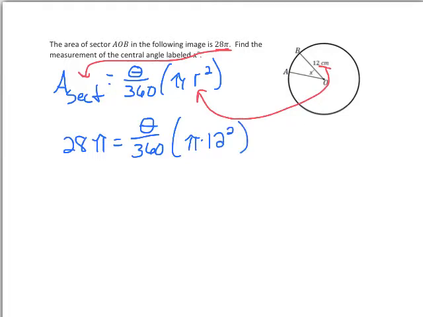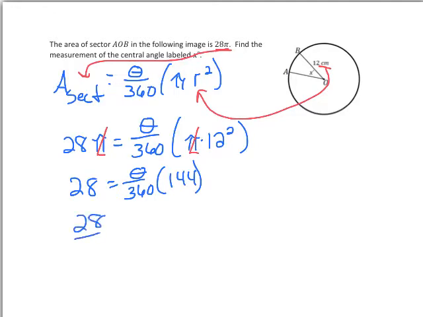Okay, and now we just simplify. I have a value of pi on both sides of the equation, so those will divide away. And I have 28 is equal to theta over 360 times 144. When I solve, you can cross multiply, you can simplify that fraction. There's lots of ways you can solve this. 28 over 1 is equal to 144 over 360 times theta.